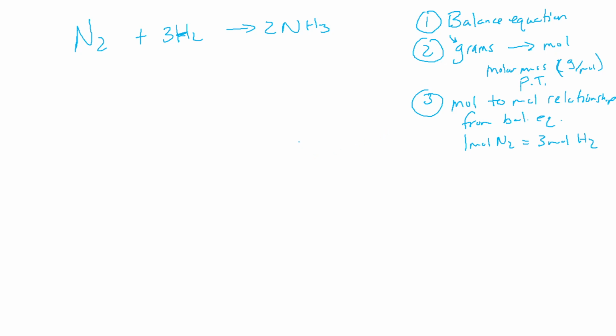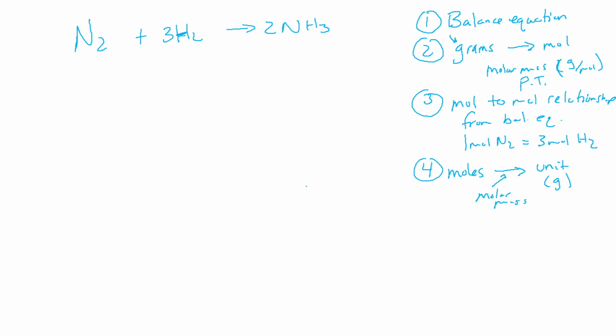And you're going to use that as a conversion factor, for example, to go from, say, N2 to H2, or H2 to N2 in this example. Lastly, you will always be in units of moles on the 4th step. And a lot of times you do need to convert it to some other unit, like grams. So sometimes on the back end here, we're going to use the molar mass one more time.